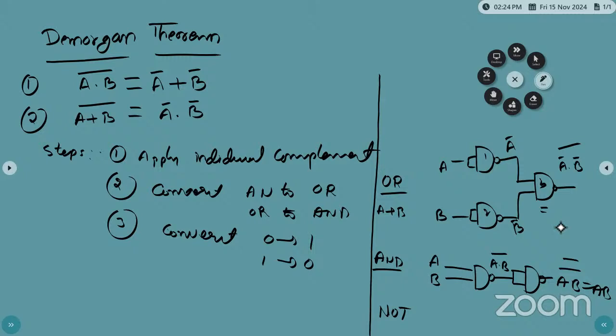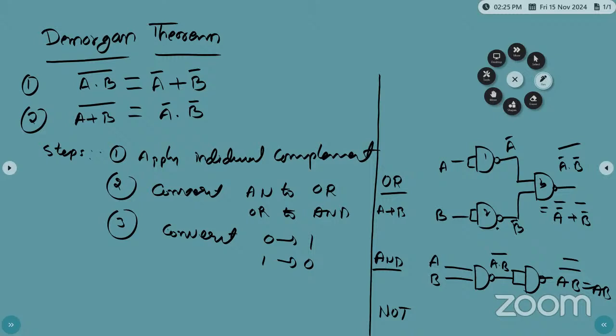Apply the De Morgan theorem. (AB) whole bar is equal to A bar plus B bar. Listen, everyone. Now next, A bar plus B bar. Same variables, the AND will become OR, and the whole complement you can apply.